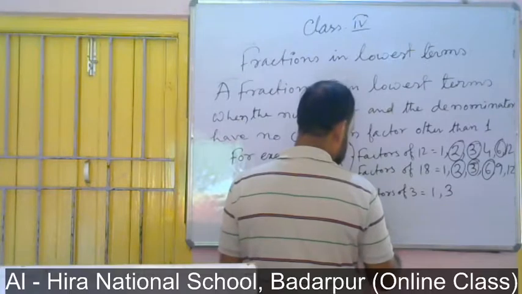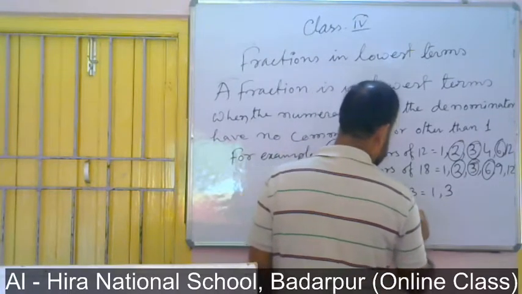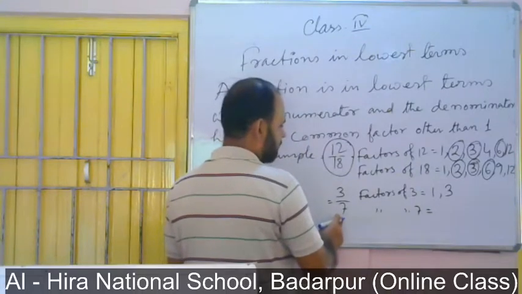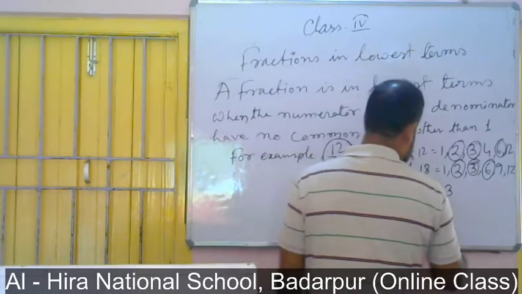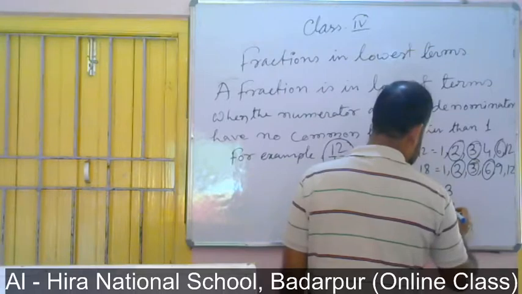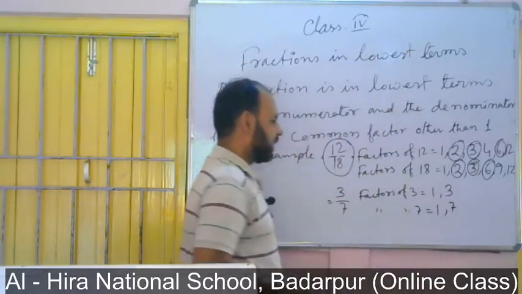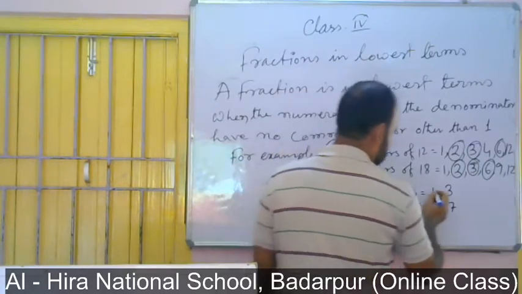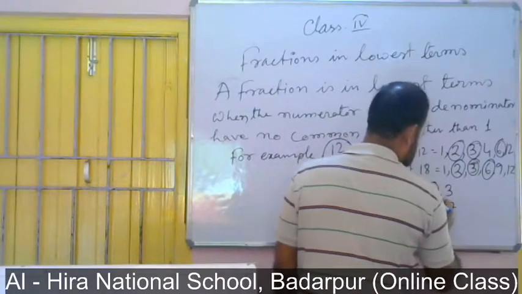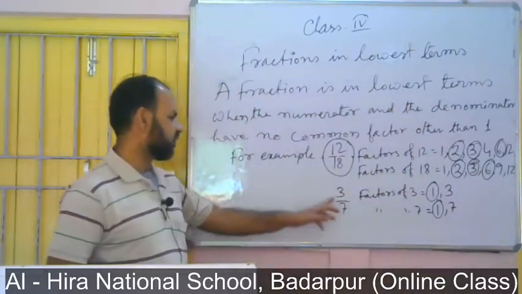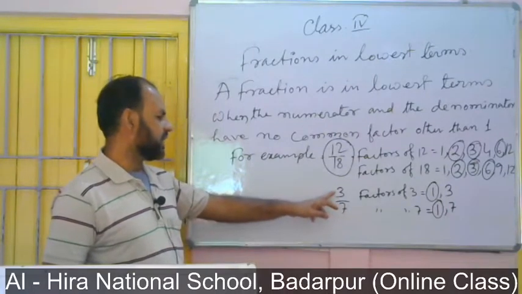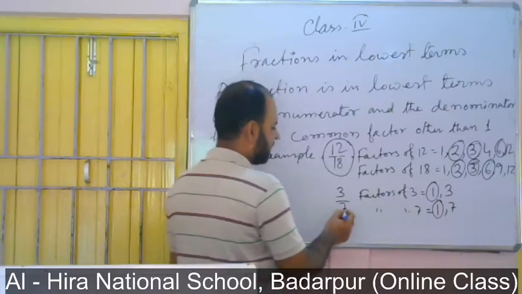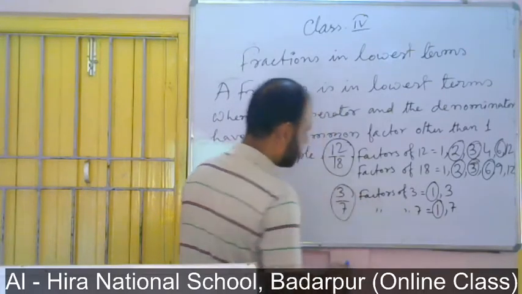The factors of 7 also, 7 is a prime number, so its factors are 1 and 7. So here the only common factor is 1. So 3 by 7 is in lowest terms.